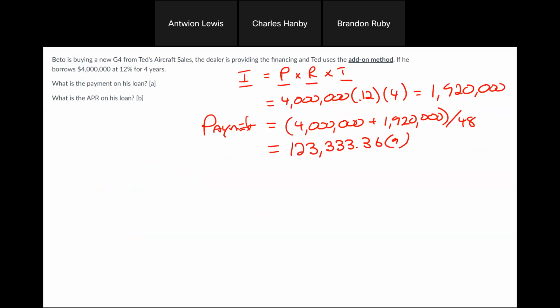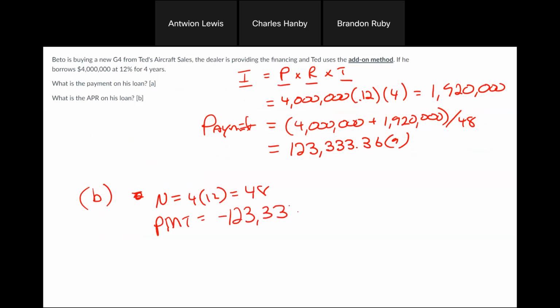Now the truth comes out. That's A, and B, the APR. N is 4 years monthly, 48. We're calculating I/Y, so payment is the 123,000, entered as a negative.